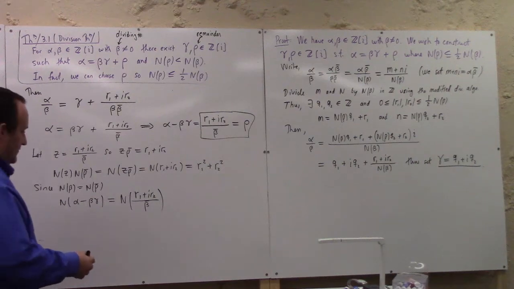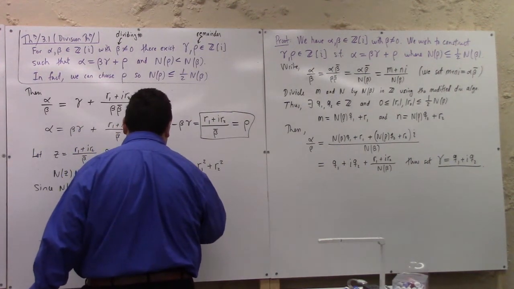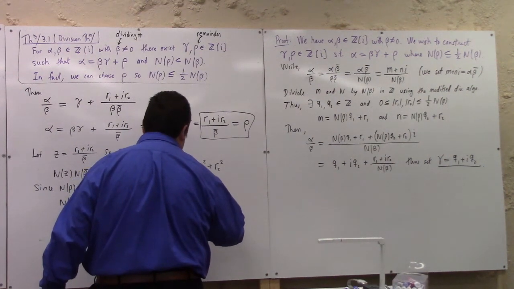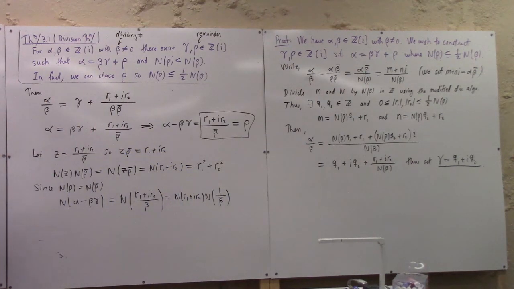Which is equal to the norm of R1 plus iR2 times the norm of 1 over beta bar.